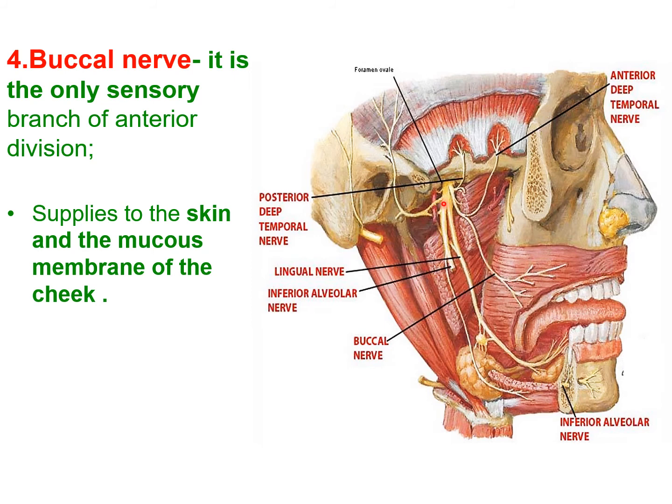It is the only sensory branch of the anterior division. It emerges between the two heads of lateral pterygoid and it supplies the skin and mucous membrane of cheek. A point to note here is that the buccal nerve does not supply the buccinator muscle. The buccinator muscle receives its nerve supply from the facial nerve.